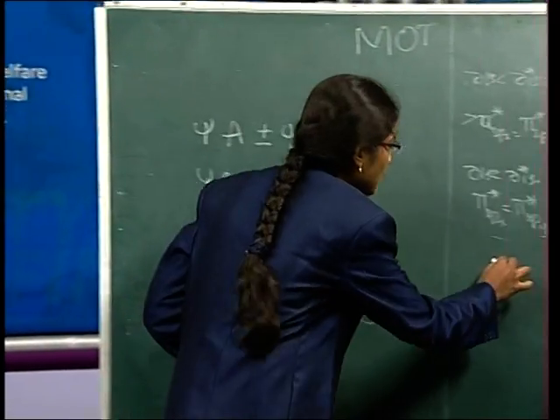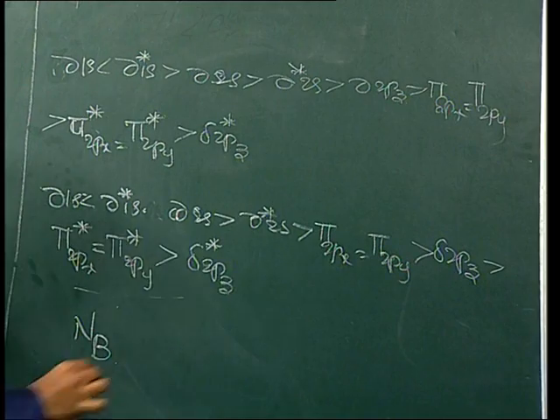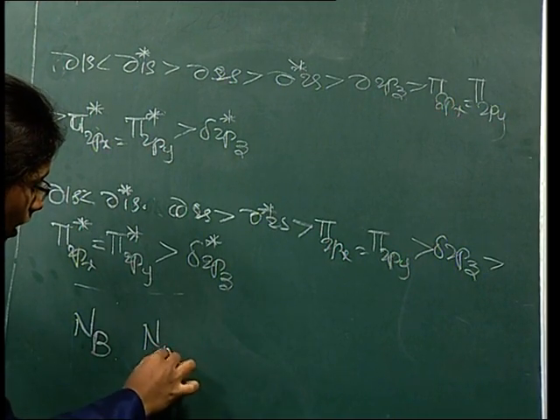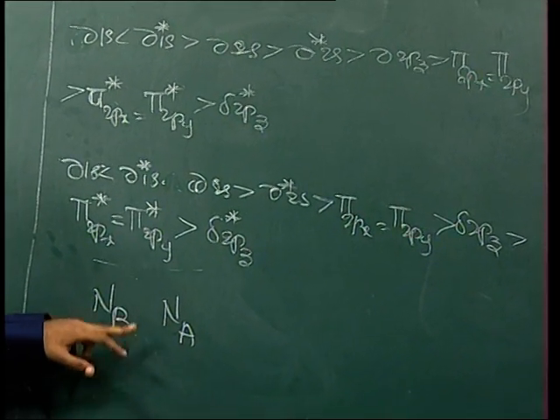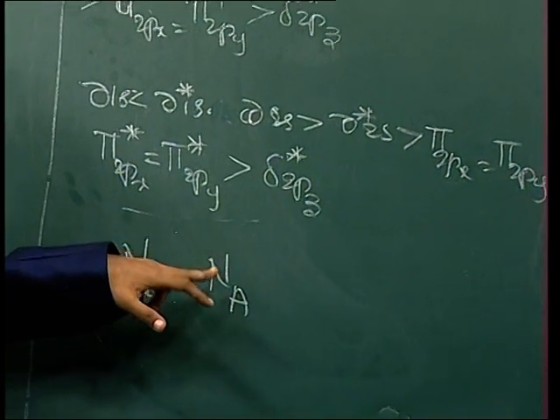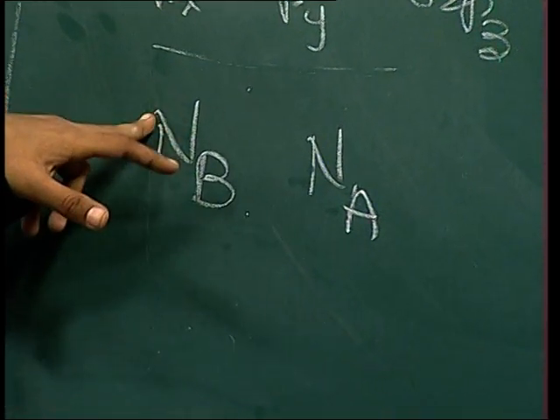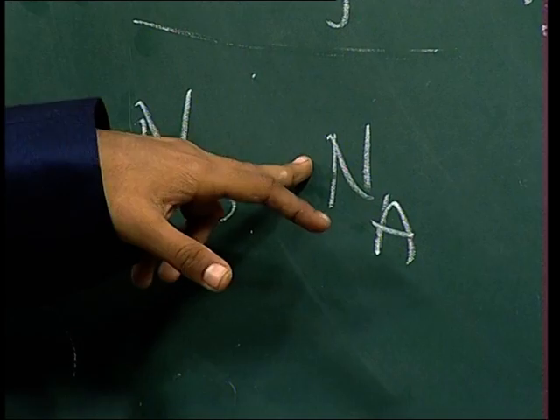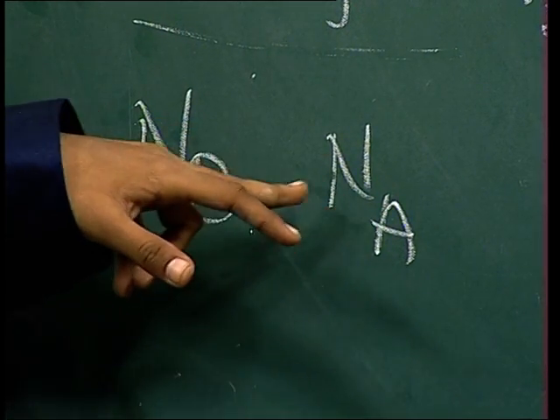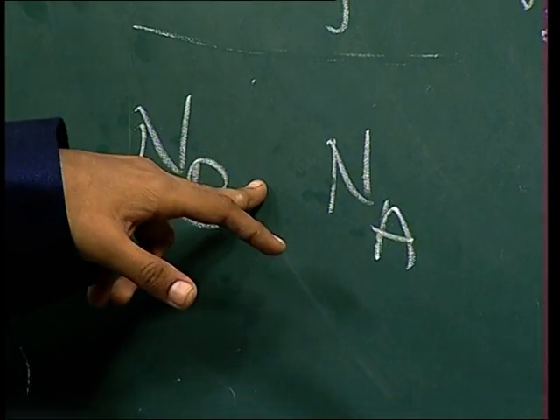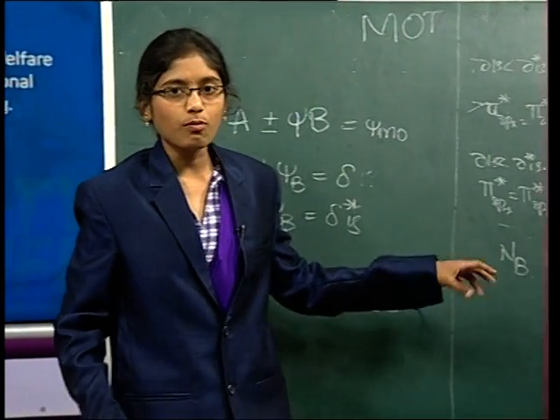If Nb equals Na, meaning the number of bonding electrons equals the number of anti-bonding electrons, the bond order is 0 and the molecule does not exist. Okay? It is the stability nature of molecules.